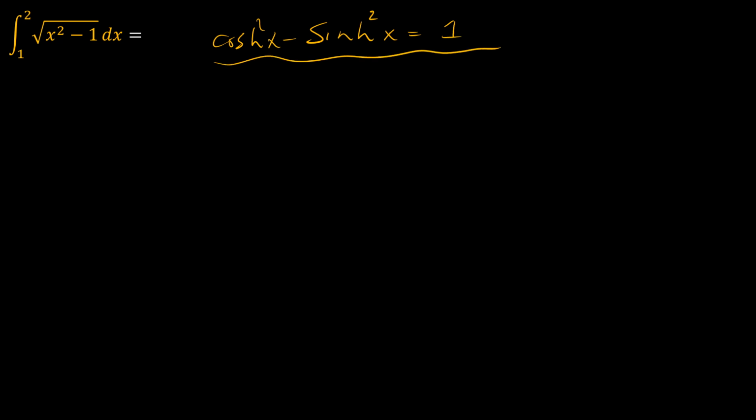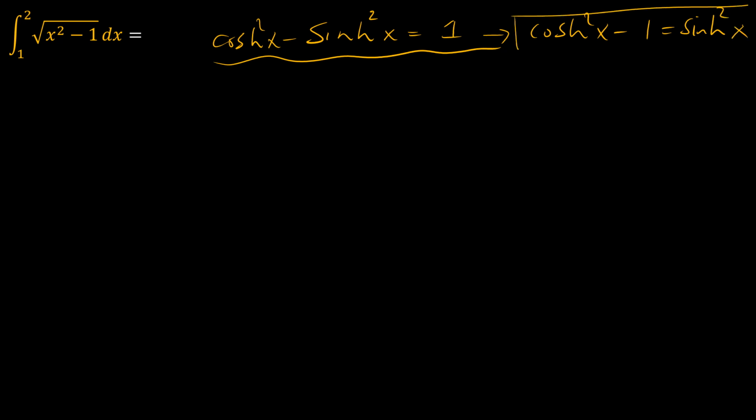So the first thing I would do is substitute for x, since I know that hyperbolic cosine squared of x minus hyperbolic sine squared of x is 1. This relationship is key since we can gather that hyperbolic cosine squared minus 1 is equal to hyperbolic sine squared of x.